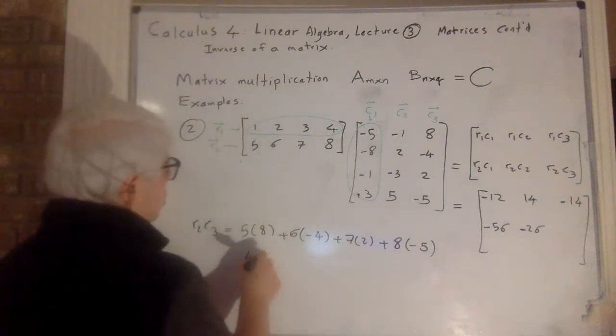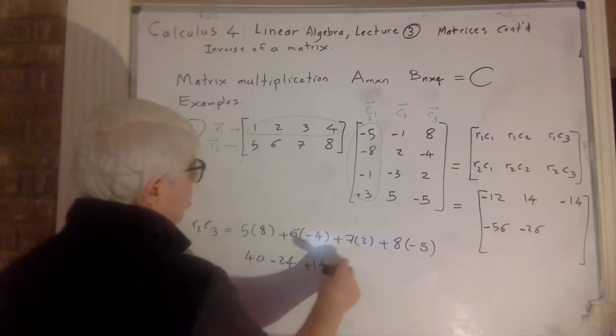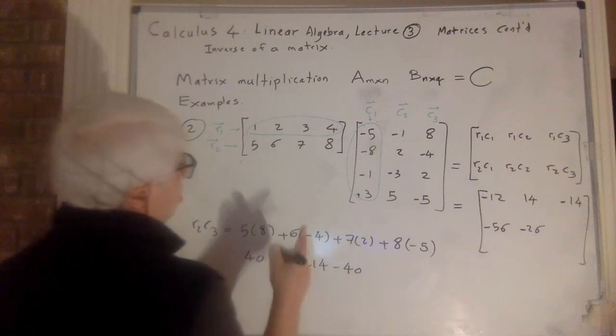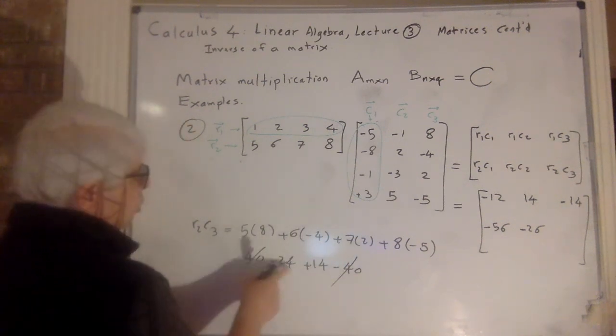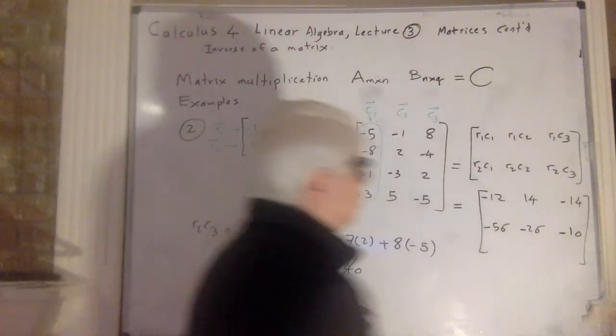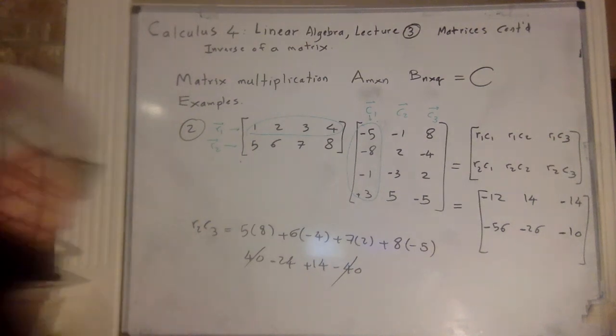So that's 40 minus 24 plus 14 minus 40. So this one and this one cancel out. 40, 24 is minus 10. Minus 10. So that is the end result.